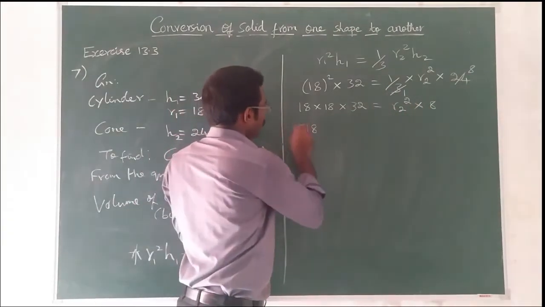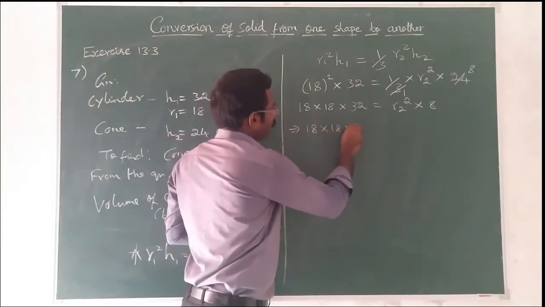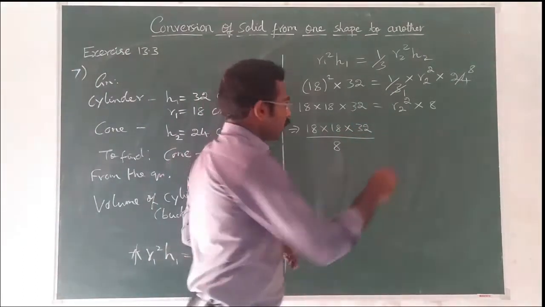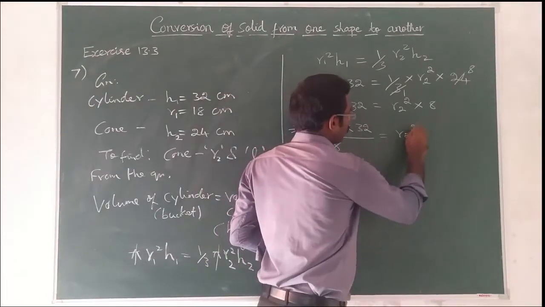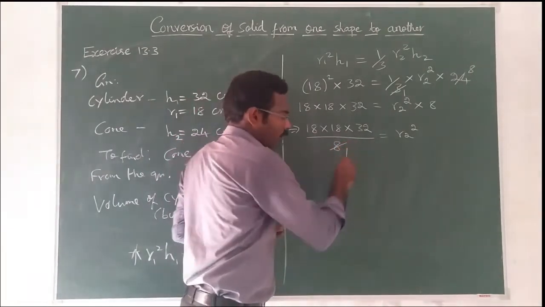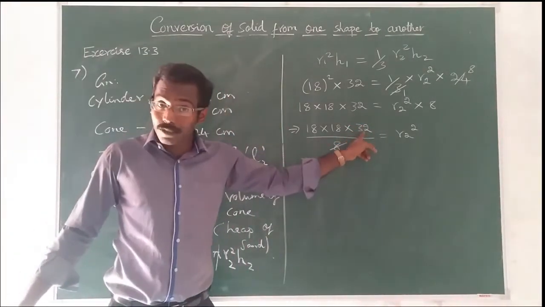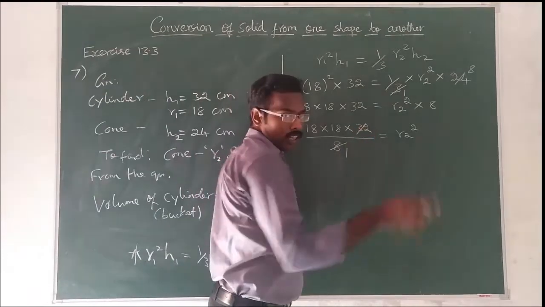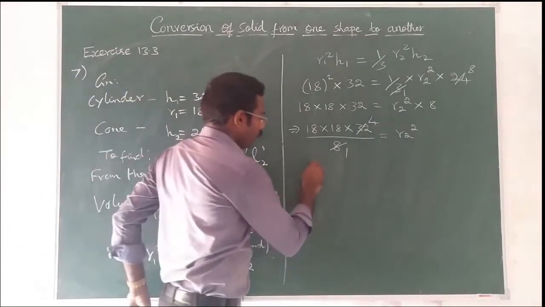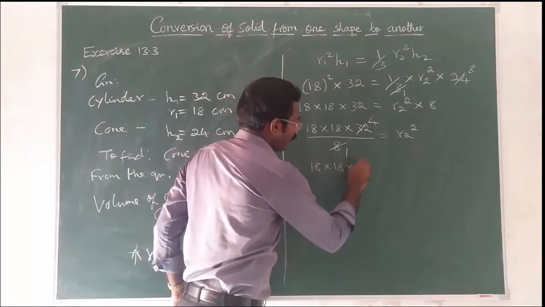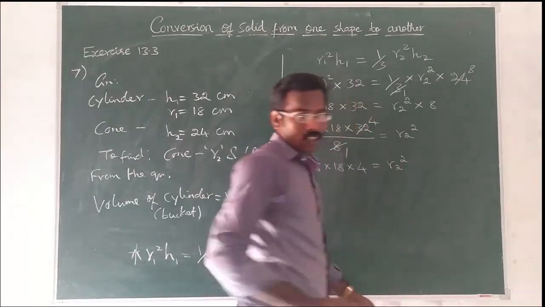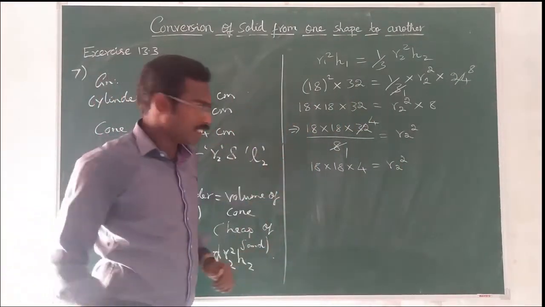So 18 into 18 into 32 divided by 8 is equal to r2 square. Okay, so we can cancel 32 and 8. How many 8s are 32? Taufik, how many 8s? 4 eights are 32. So we will have 18 into 18 into 4 is equal to r2 square.